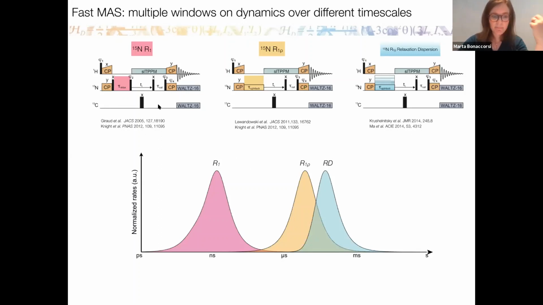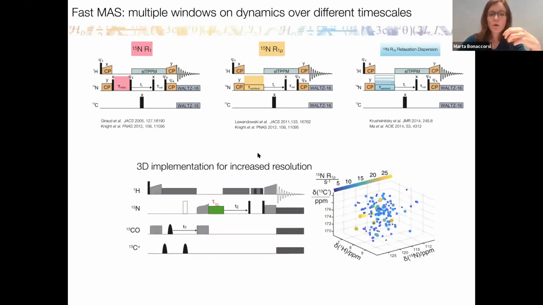We access the site-specific determination of relaxation rates by introducing relaxation evolution blocks in our 2D correlation experiments, or since we have a very large system, we can also implement this on a 3D experiment to increase the resolution.